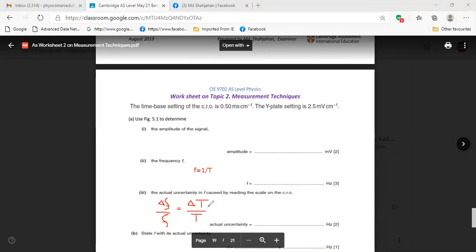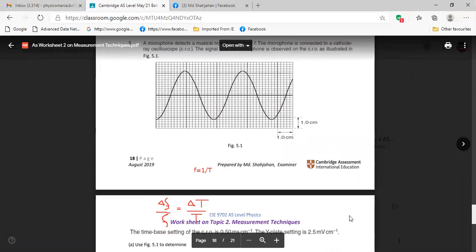So for del T by T, T we got is 1.9 millisecond, right? Yes, sir. And how can we find del T? We can find it from the scaling here, 1 centimeter.